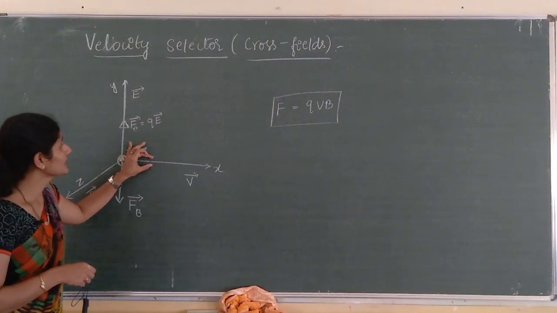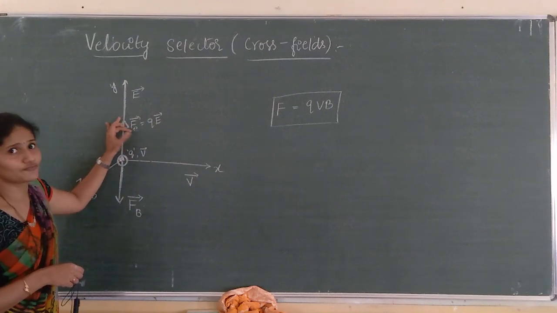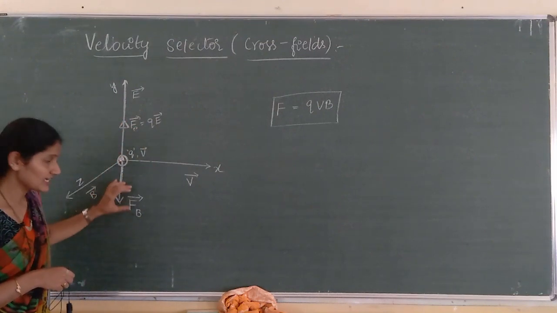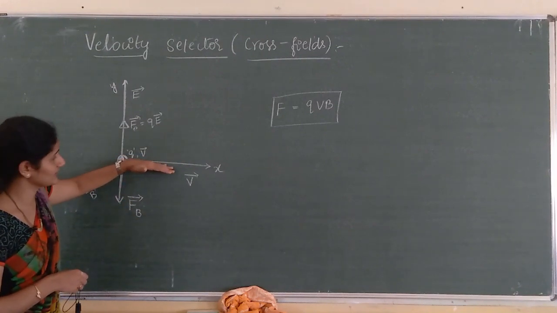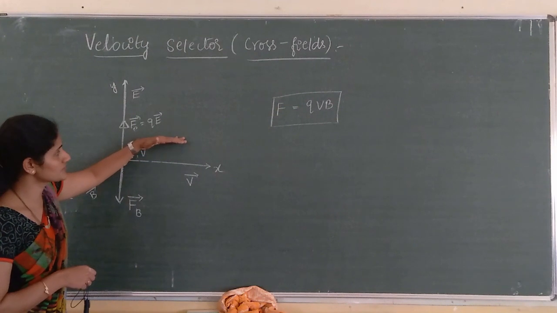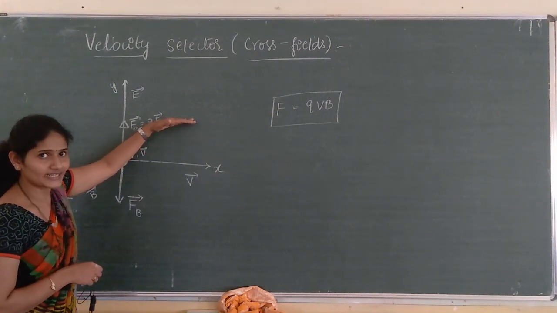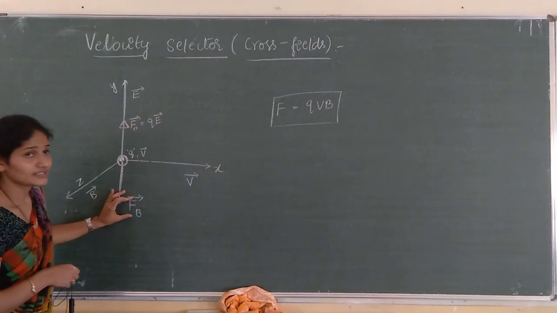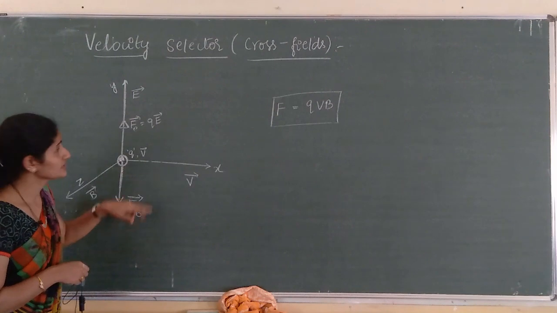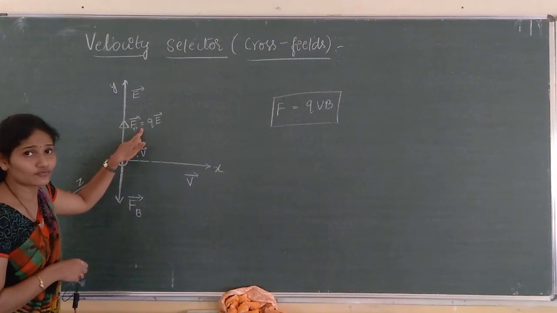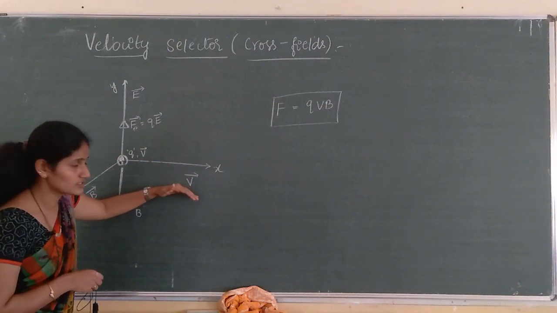If the magnitude of electric force is more than the magnitude of magnetic force, then the charged particle will move towards this. Similarly, if the magnitude of magnetic force is more than the magnitude of electric force, then the charged particle will deflect towards this field.